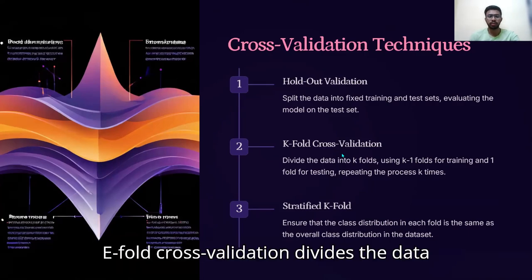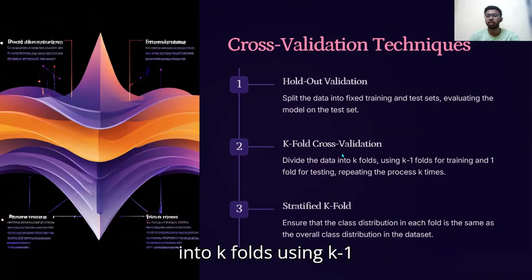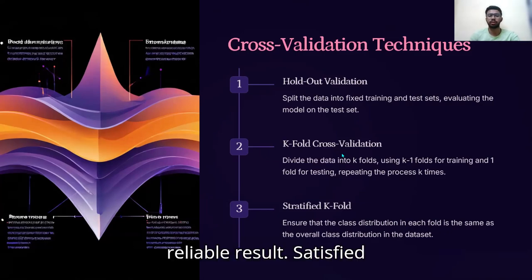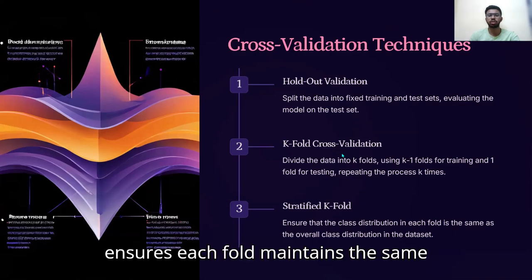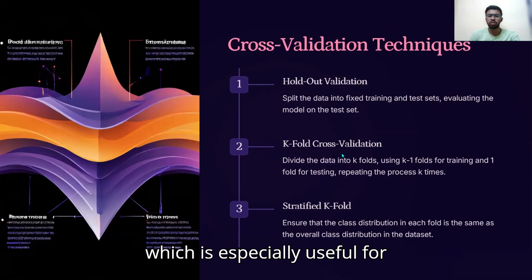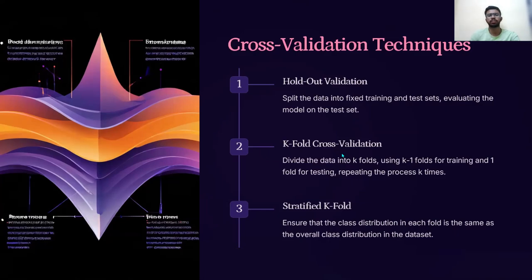K-fold cross-validation divides the data into k folds, using k-1 for training and 1 for testing, repeating this k times for more reliable results. Stratified k-fold. Stratified k-fold ensures each fold maintains the same class distribution as the entire dataset, which is especially useful for imbalanced datasets.